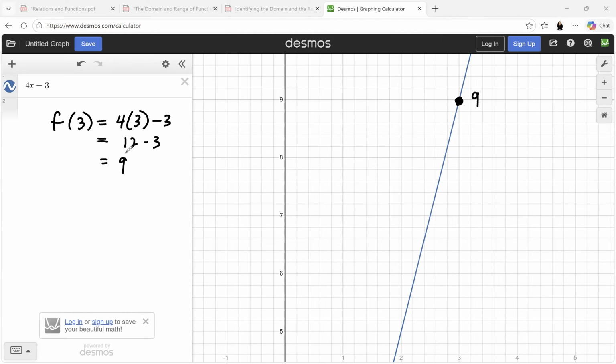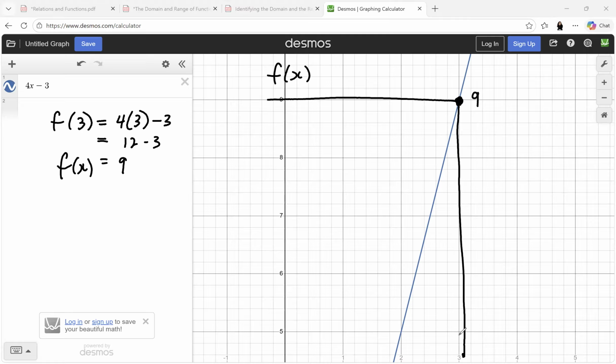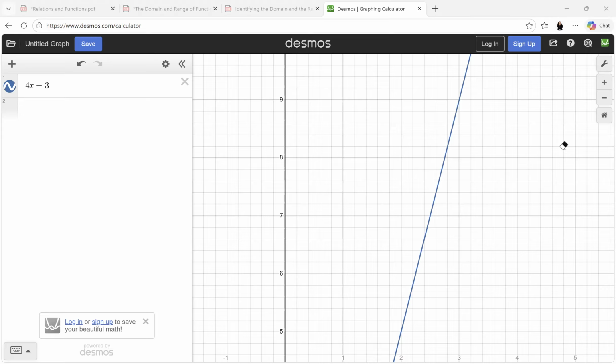For instance, I could have asked you, if f of x is 9, what is x? Well, you would look for 9 on your y-axis, because this is your f of x axis, and then read what value of x it is, which is 3, right? So I'm going to give you your f of x value instead, and you're going to tell me the x value. Okay?